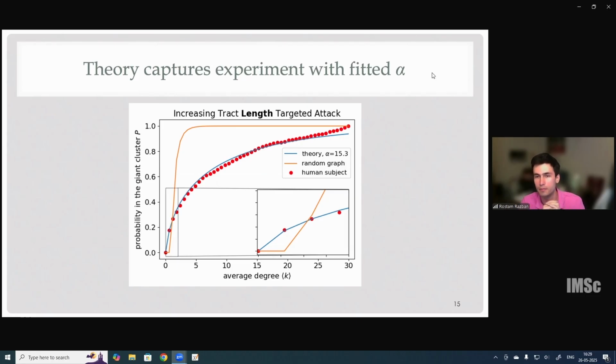It doesn't have this problem. And this alpha parameter is just tuning how much this is suppressed versus not. So if the alpha is larger, it's going to take a slower route to finally get to one. But if alpha is smaller, it'll more quickly get to the probability of being in the giant cluster of one.